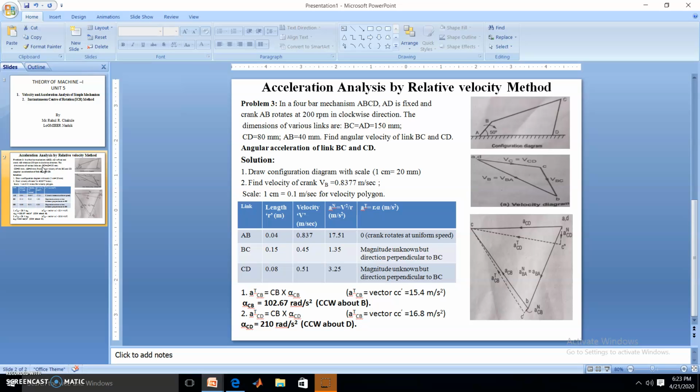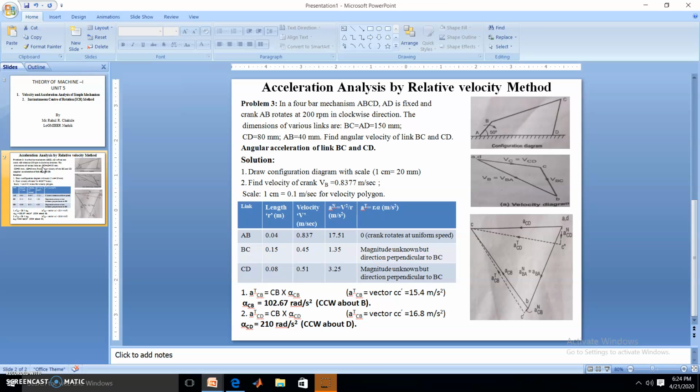Here the 4 links are there, and the minimum length of the link AB is 40 mm, and the maximum length of the link BC or AD, it is same, that is 150 mm. So based on that value, I have taken the scale for configuration diagram as 1 centimeter is equal to 20 mm.